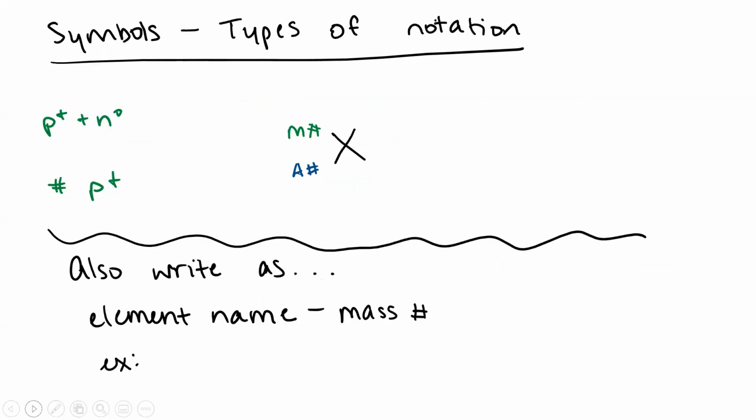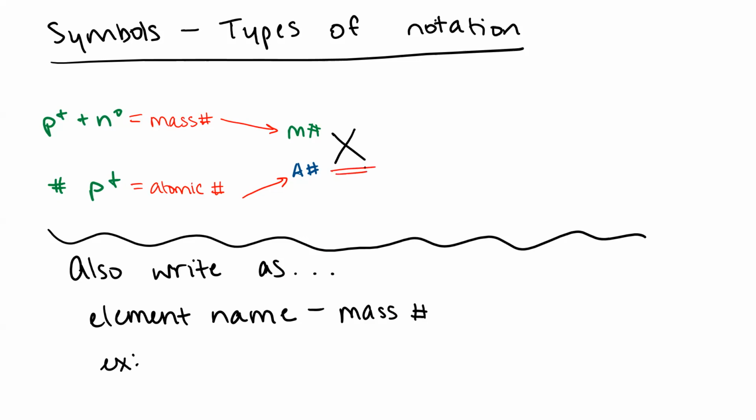So now to get into a little bit more of the boring stuff, we have to talk about the notation. As a review, the protons plus the number of neutrons equals the mass number, and the number of protons equals the atomic number. Here, the atomic number is always labeled on the bottom left, and the mass number is always on the upper left.